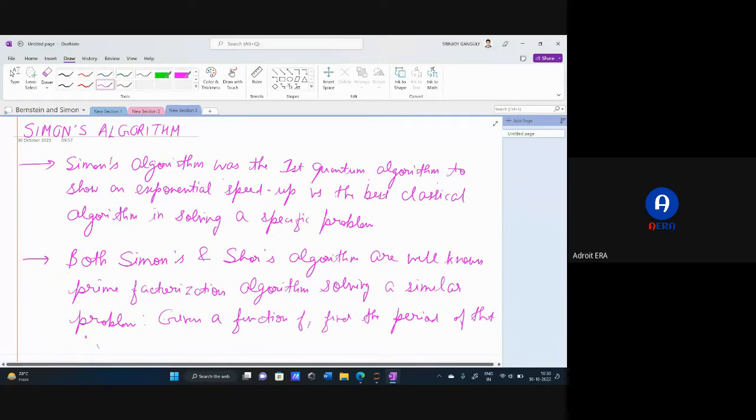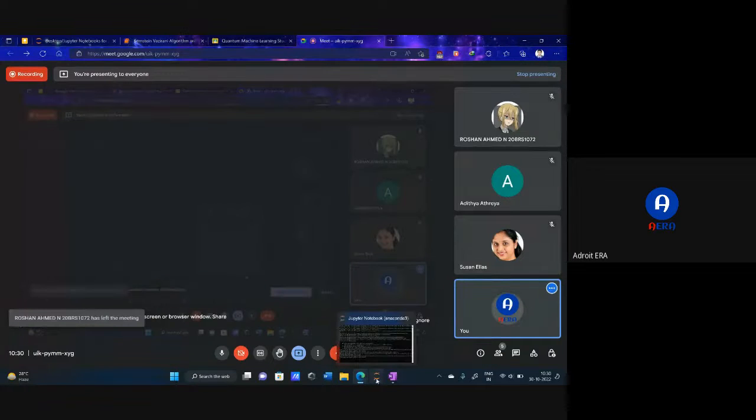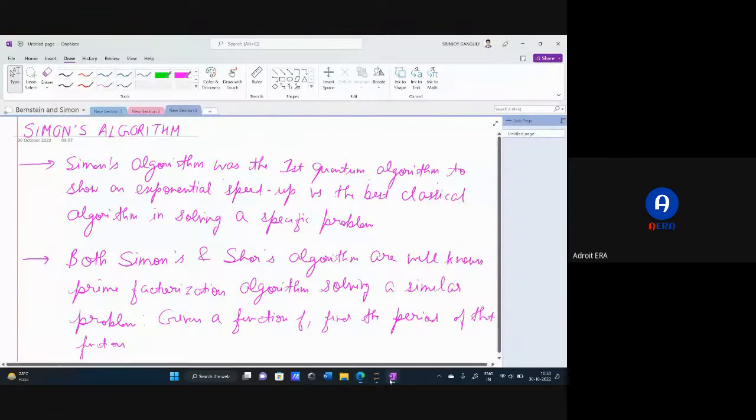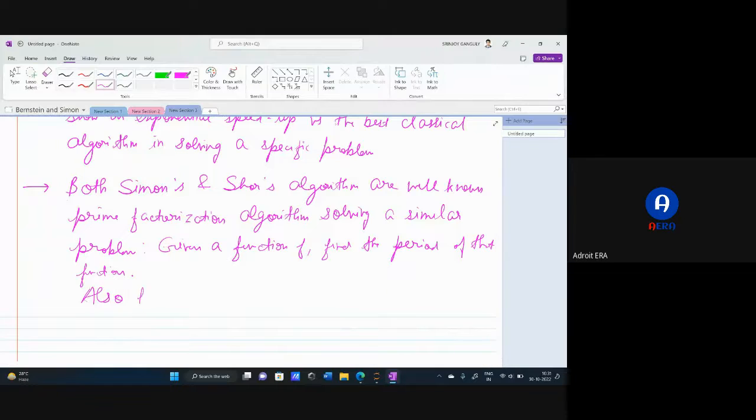Okay, finding the period of that function. We are going to see this for period finding, but we will leave it for Shor's algorithm, not with Simon's algorithm.